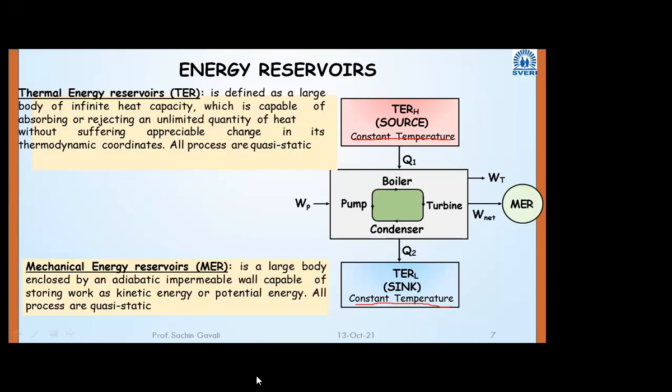Now everybody got the thermal energy reservoir definition. It is the base for us. Please reply, please respond. Abhishek, yes sir. Okay, understood.